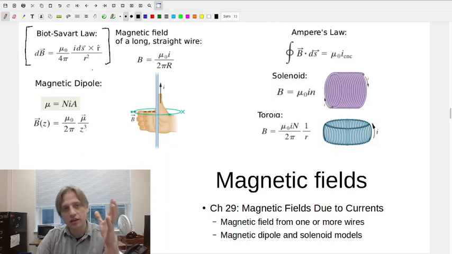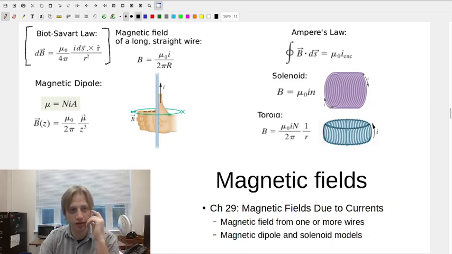Just like charges cause electric fields, in this static situation, the thing that causes magnetic fields is currents. So if you want to set up a magnetic field, you have to set up some configuration of currents. So we used that Biot-Savart law to find the magnetic field of a long straight wire.